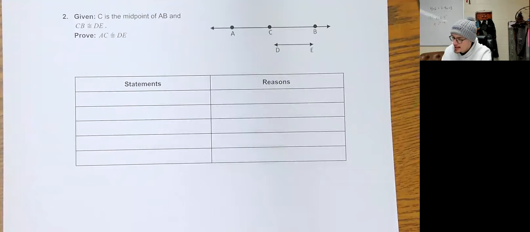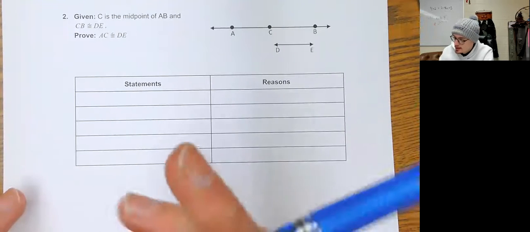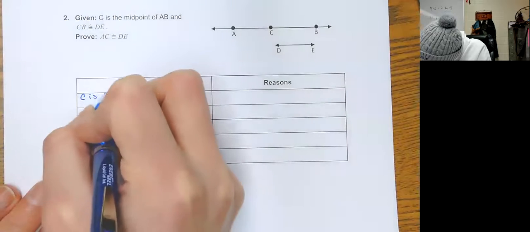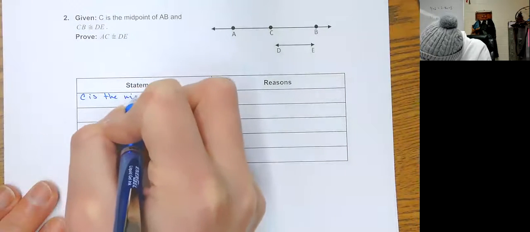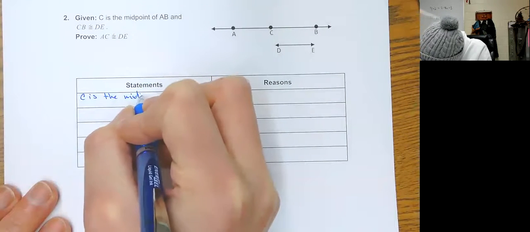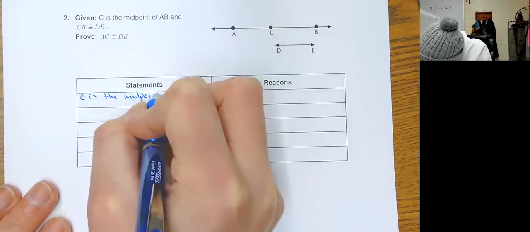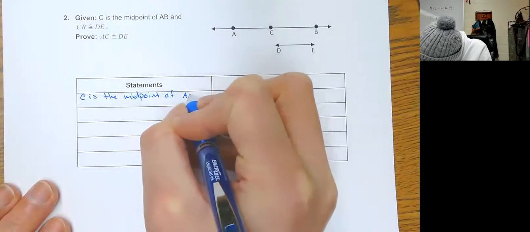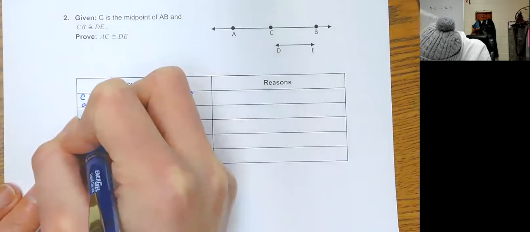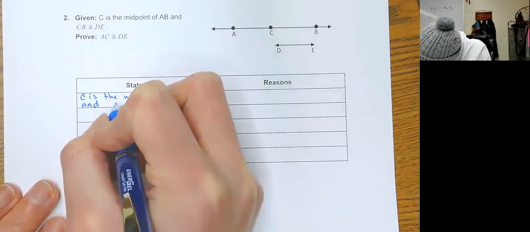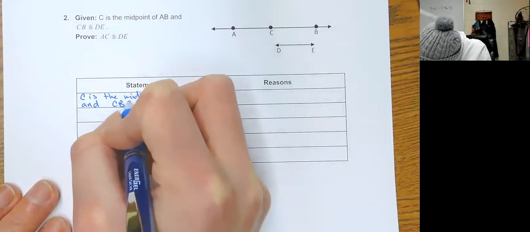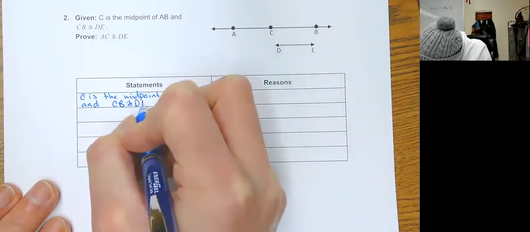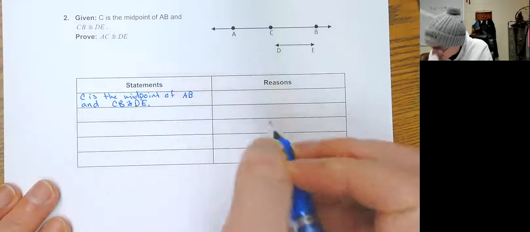So this next one is saying C is the midpoint. So let's try and fit this all in. So C is the midpoint of AB and CB is congruent to DE, period.